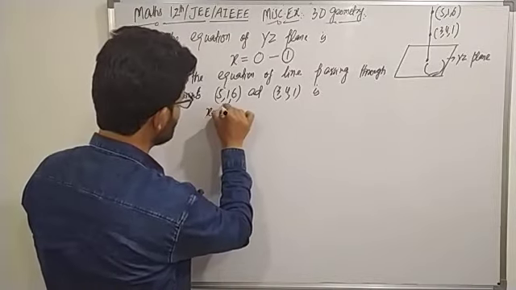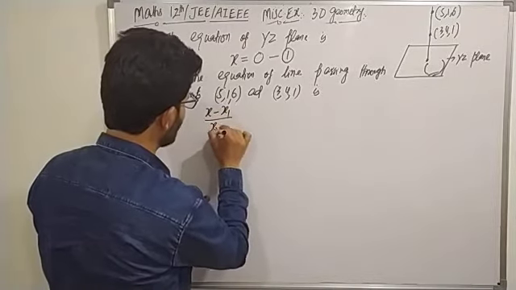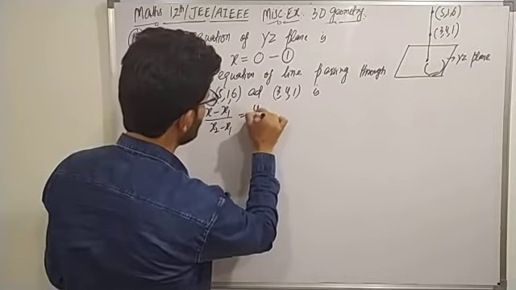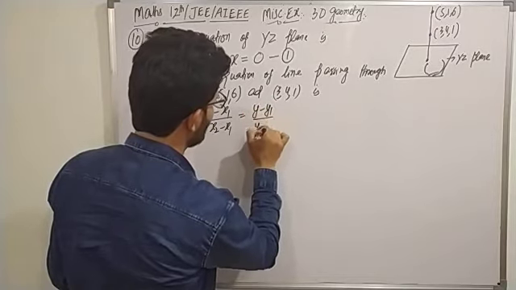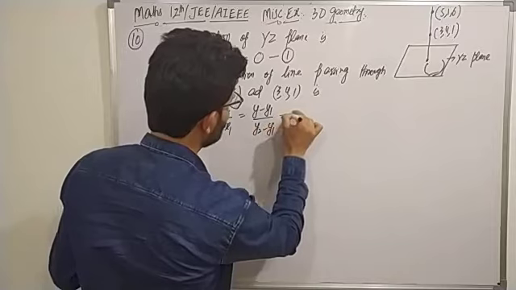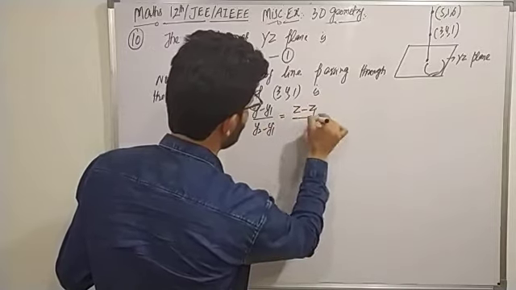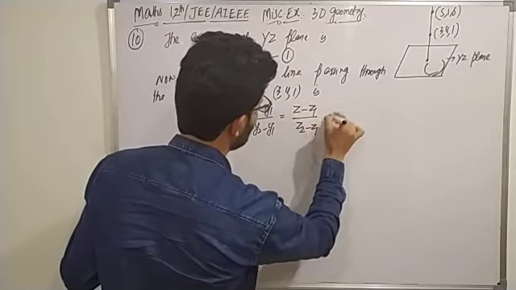The equation of line passing through 2 points by 2 point form is x minus x1 divided by x2 minus x1 is equal to y minus y1 divided by y2 minus y1, and that's equal to z minus z1 divided by z2 minus z1.